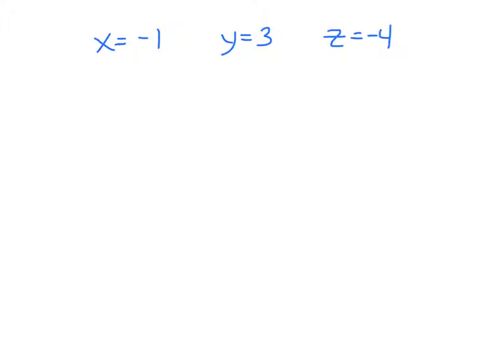Let me do another problem, once again using the same values for x, y, and z. I'm going to write this as 6z plus y. So one of the things that we do need to make sure of is, what does 6z mean? 6z means 6 multiplied by z.